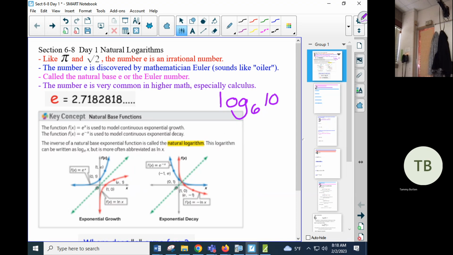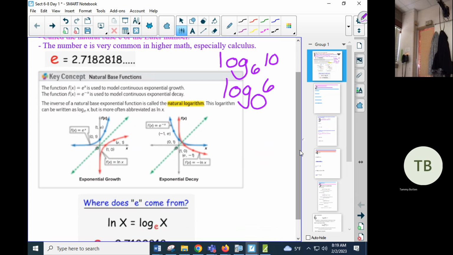Do you guys remember if they don't say a base, if they said like log of 6, do you guys remember what I said that you assume this is 10? Okay, so if they don't specify, it's log base 10. And the log key on your calculator is base 10. Okay, so sometimes they specify, in fact, most of the time in the problems they do, but if they don't, you assume it is 10.